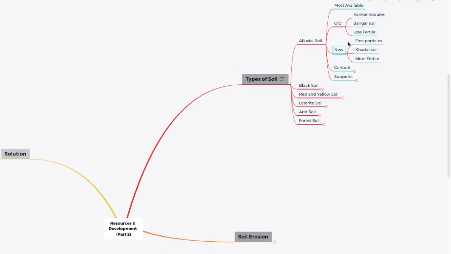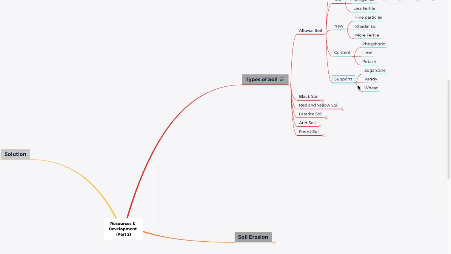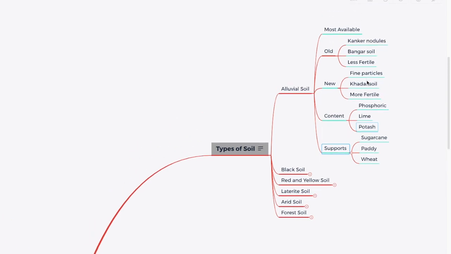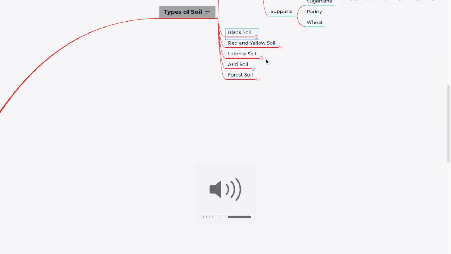Moving on, what content does this soil have? First, you have phosphoric, lime and potash. And it supports crops like sugarcane, paddy, wheat, etc. Let's go on to the next one. Black soil.